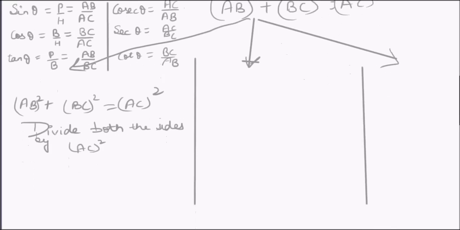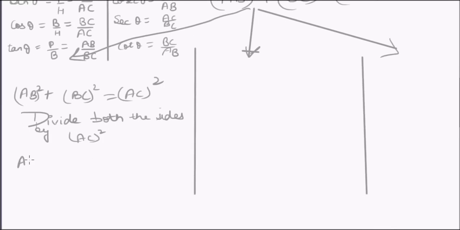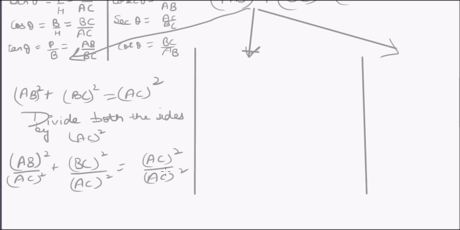What we get? We get AB whole square over AC whole square plus BC whole square over AC whole square equals AC whole square over AC whole square. So these are one and the same thing, so these get cancelled in right hand side, and we are left with (AB over AC) whole square plus (BC over AC) whole square equals 1.